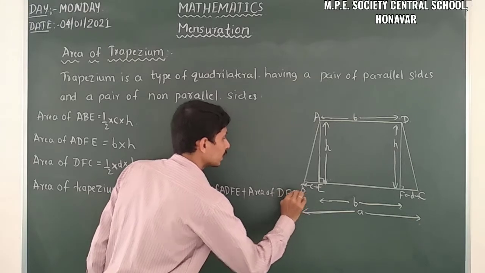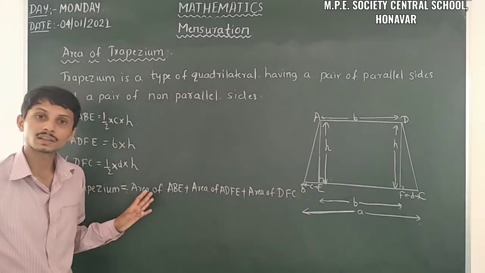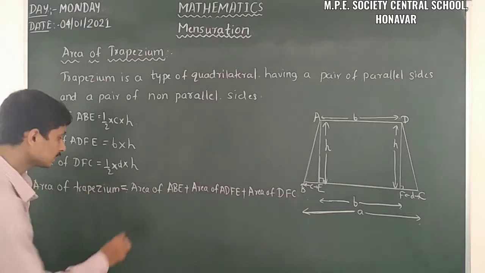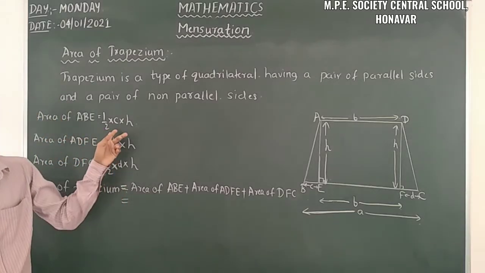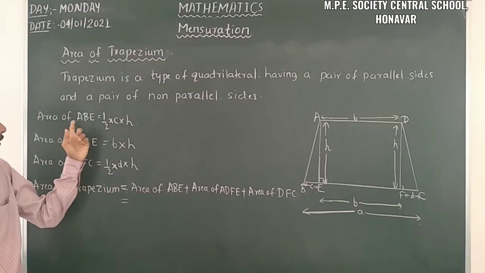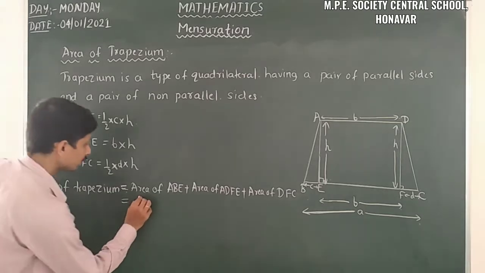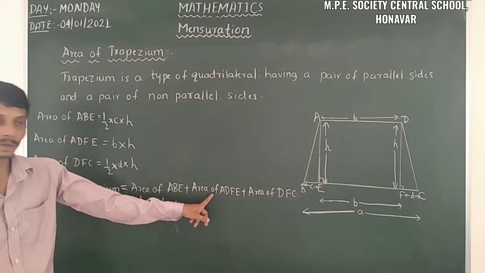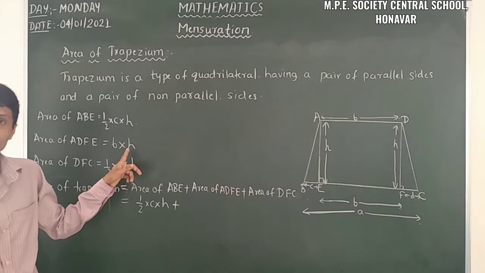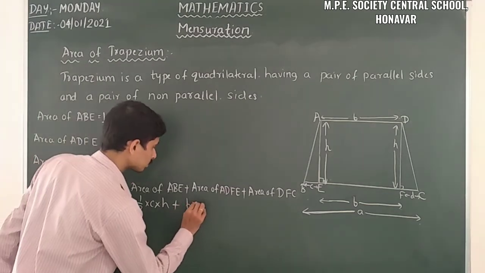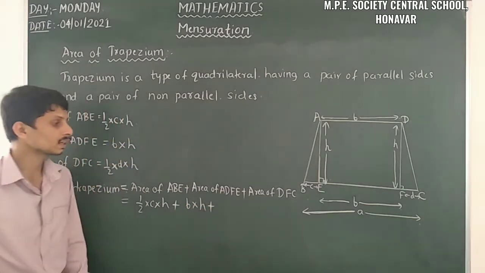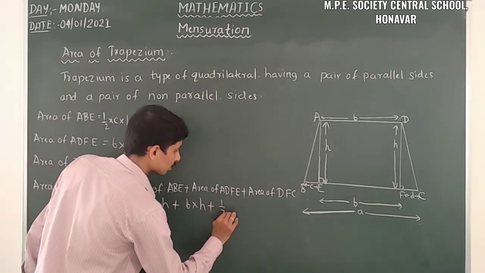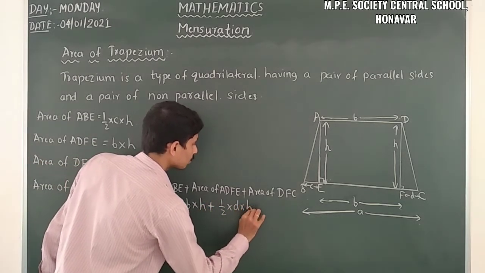So the area of this complete trapezium is the sum of these three figures. Just insert the values. Already we found out that area of ABE is equal to half into C into H, plus area of ADFE, already we found that B into H, plus area of DFC is equal to half into D into H.